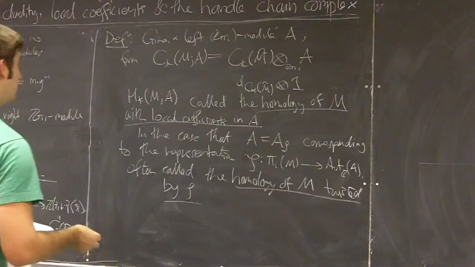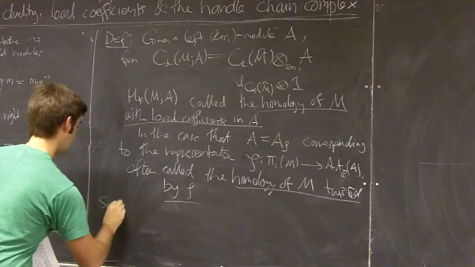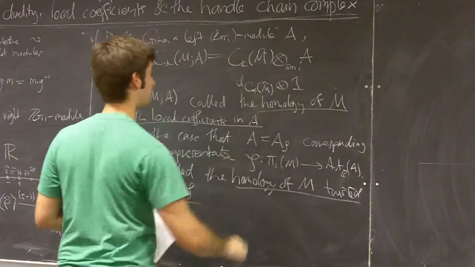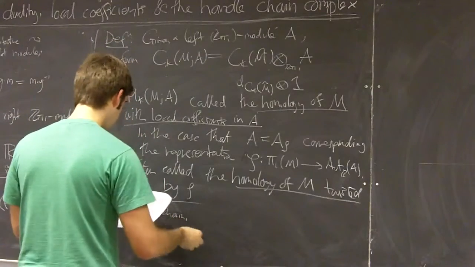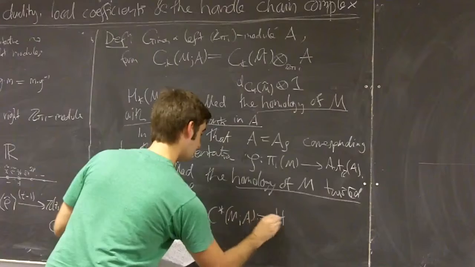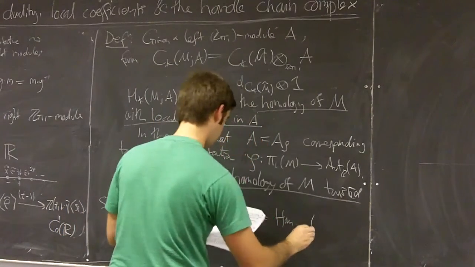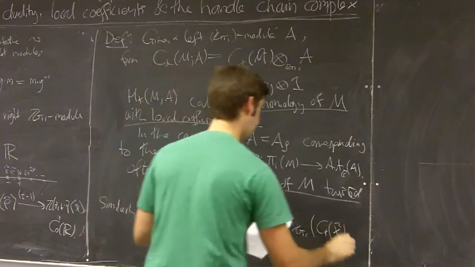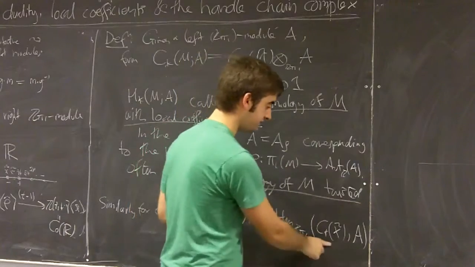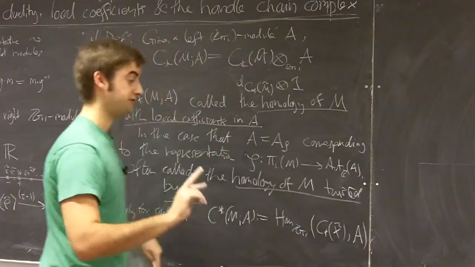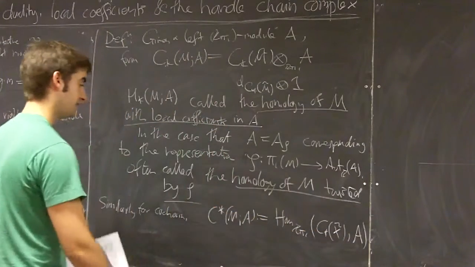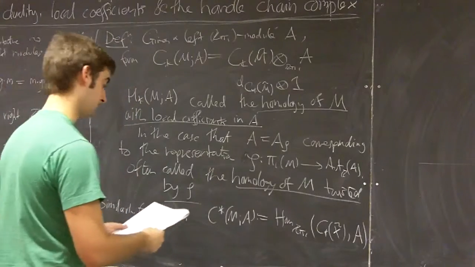And we can do a similar thing with cochains. So similarly for cochains, instead of taking the tensor product, we take homomorphisms over Z pi 1 between the universal cover chain complex and A. And a technicality here, we need both of these to be left or both of these to be right modules, so we switch whichever one we like using this definition, and then we can consider this as homs from, say, a right module to a right module.